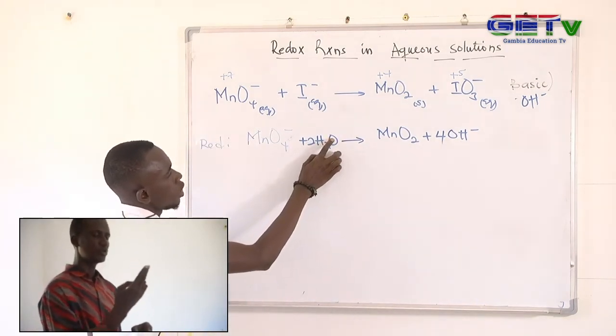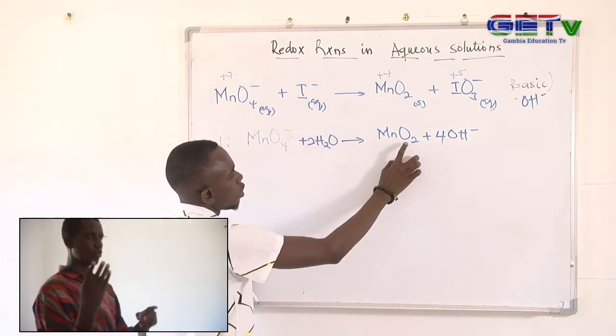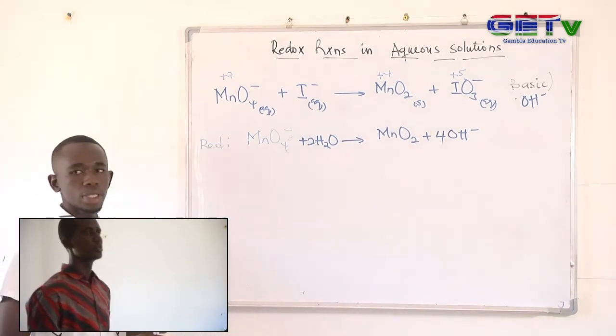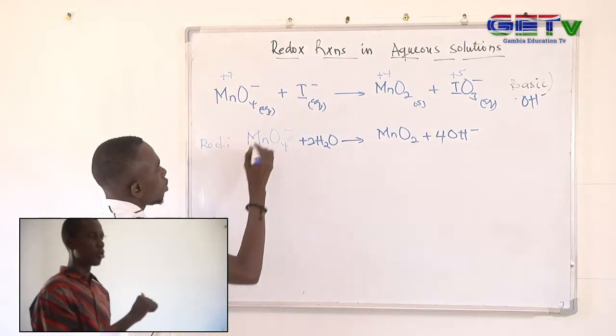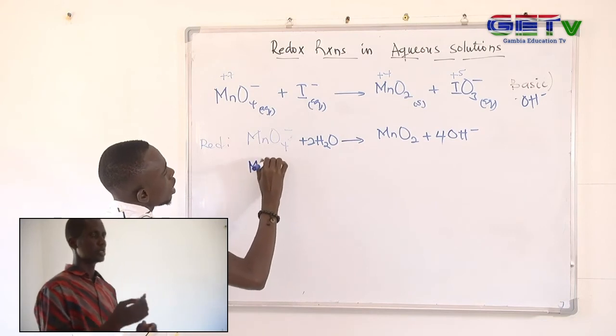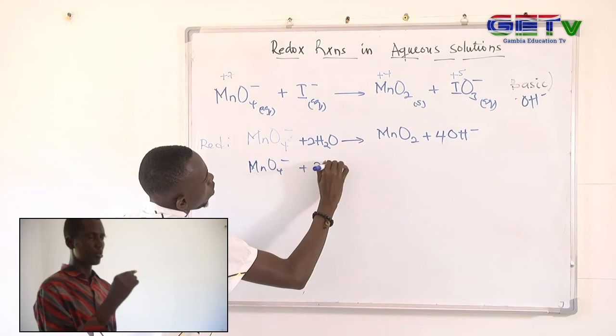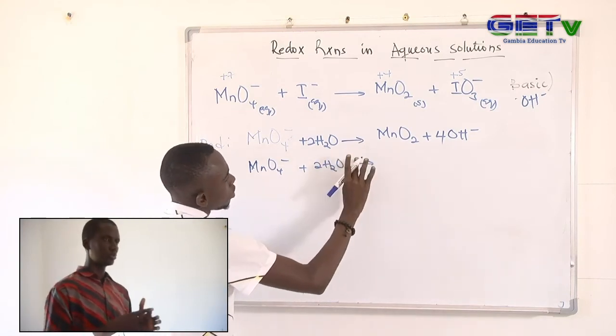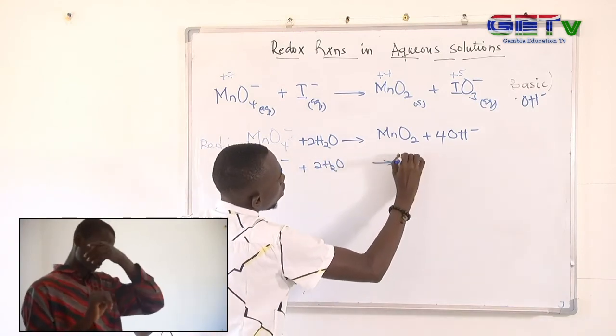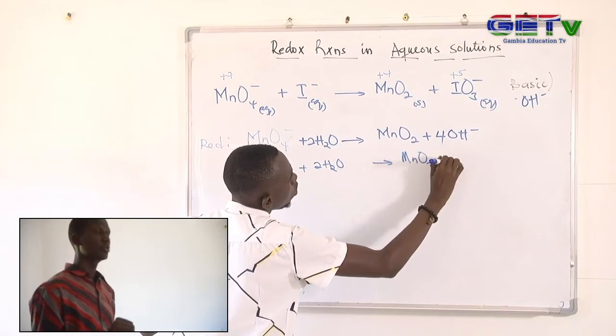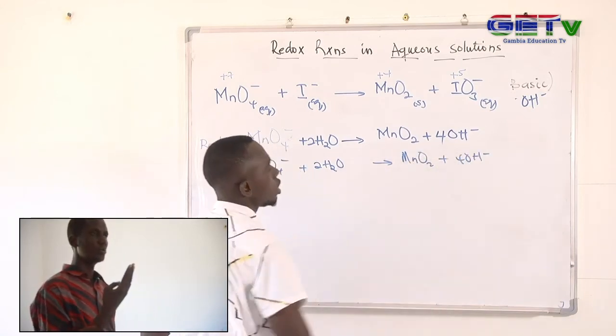Oxygen here is 2 plus 4, and oxygen here also is 2 plus 4, which means the atoms are balanced. Now the electrons, we can say MnO4 minus plus 2 water molecules will give us MnO2 plus 4 hydroxyl ion.